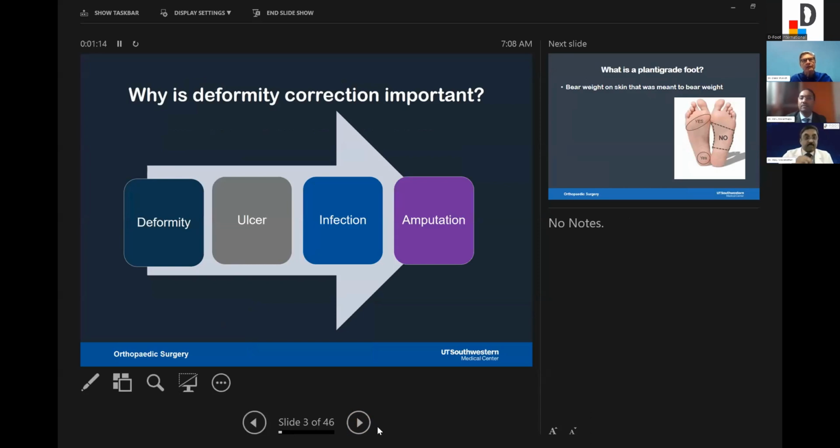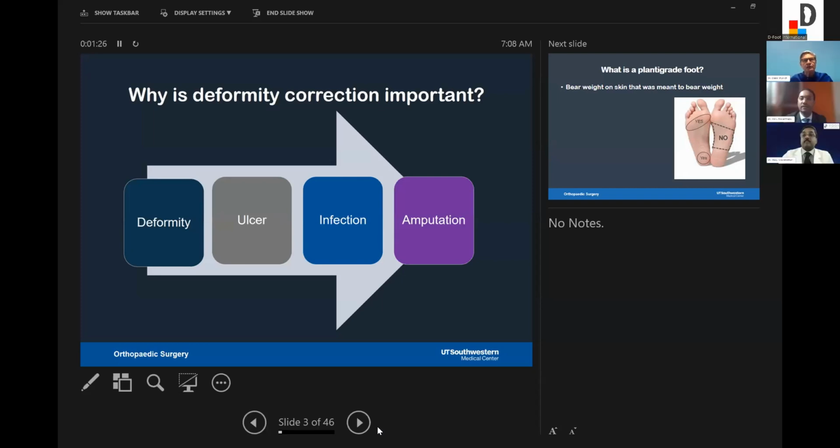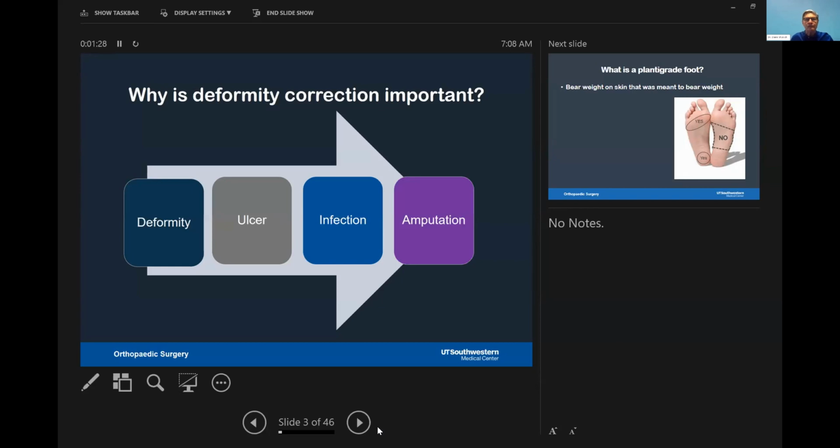So we have to think about either correcting deformity or preventing deformity if we want to shift this from the right to the left. We're all about preventing amputations, but to do that, we have to start at the very beginning and recognize deformity as so important in this basic pathway.